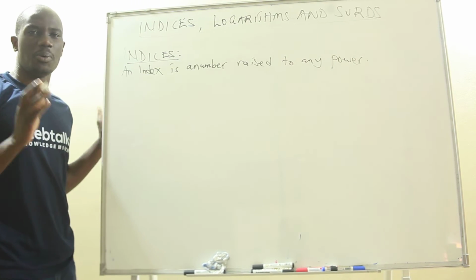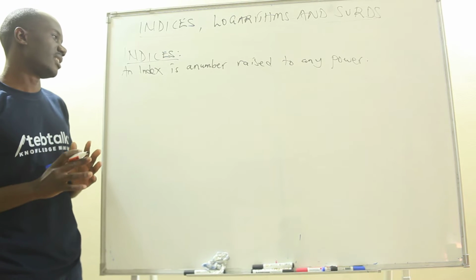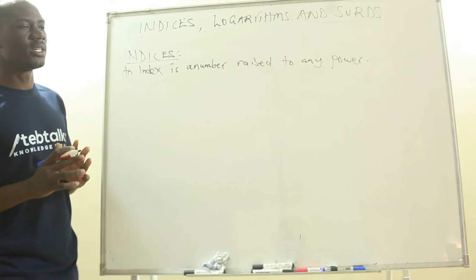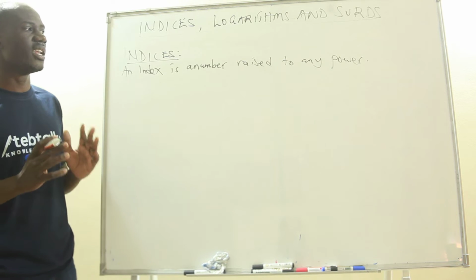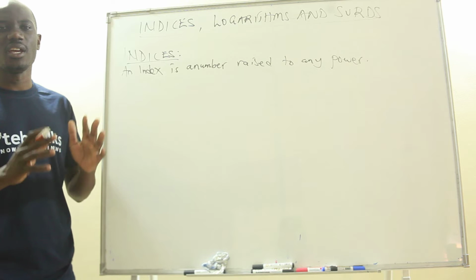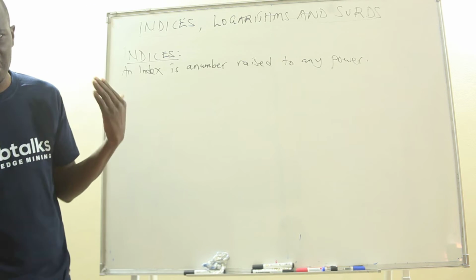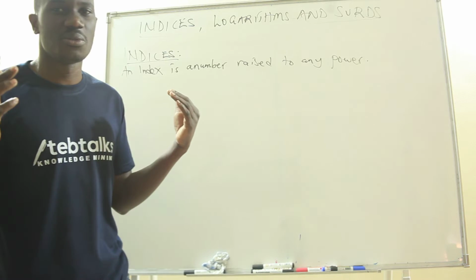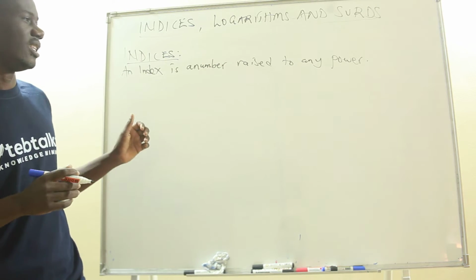A power can be positive, can be negative, so they are termed as integers. That's in simple terms when we talk about an index. Any number can even be 10 power 5, 10 power negative 2, 10 power 0. All those are termed as indices.